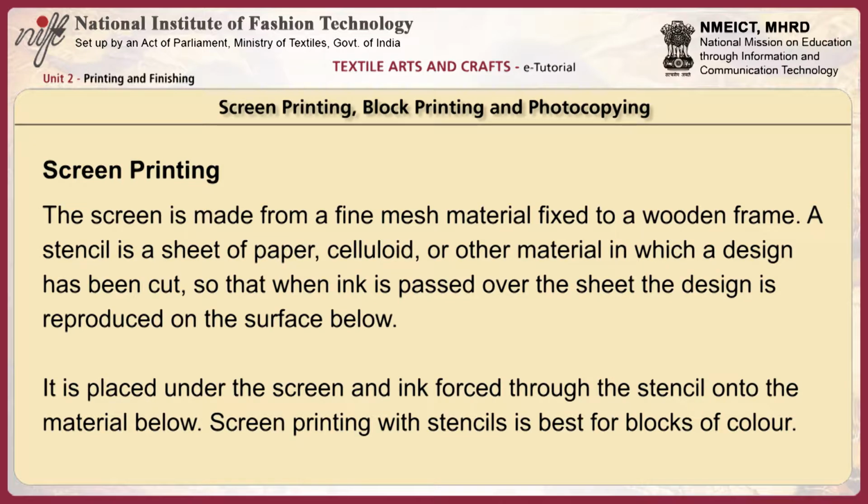Screen printing. The screen is made from a fine mesh material fixed to a wooden or metal frame. A stencil is a sheet of paper, celluloid, or other material in which a design has been cut so that when ink is passed over the sheet, the design is reproduced on the surface below.